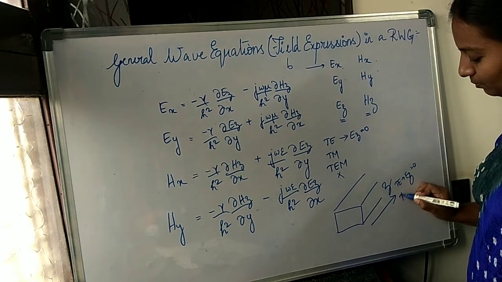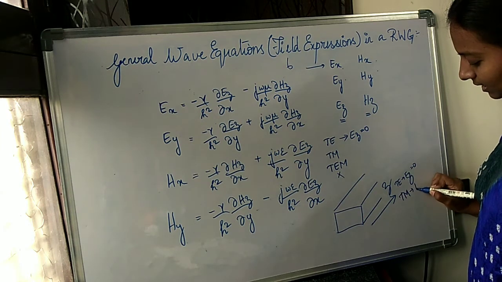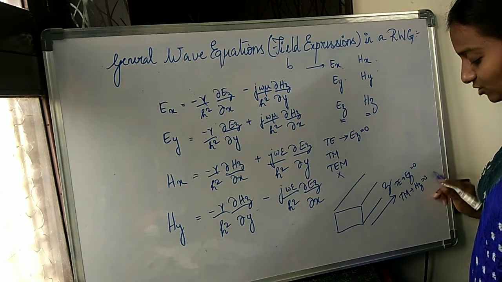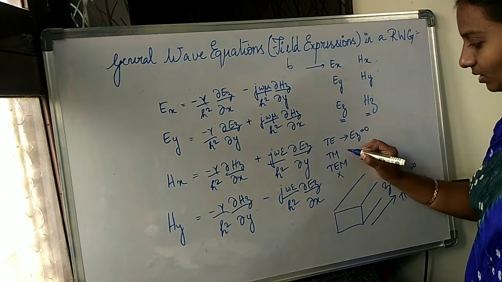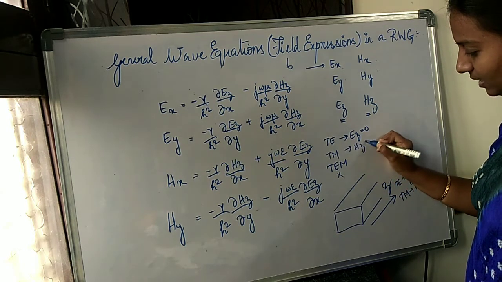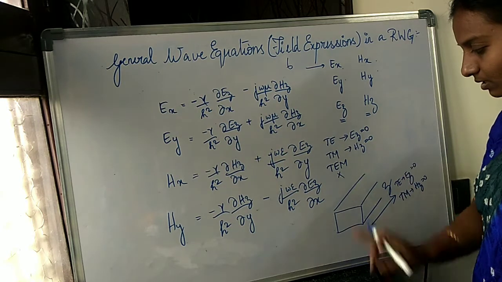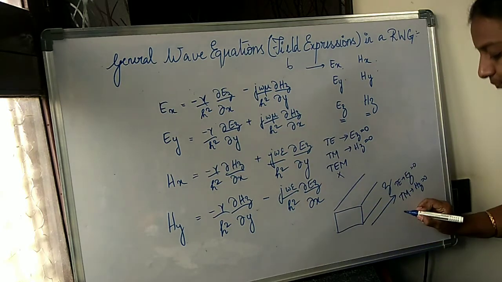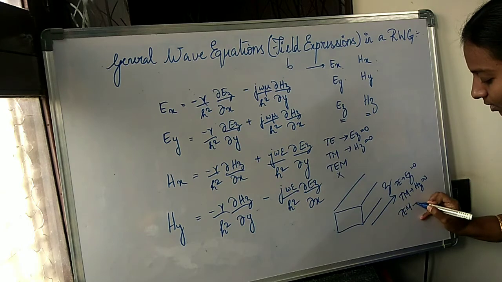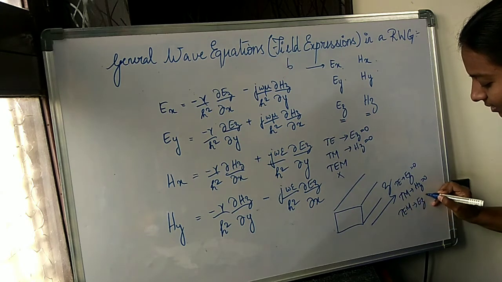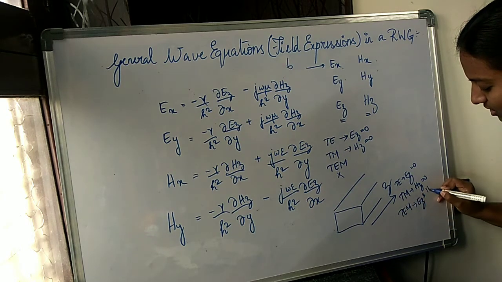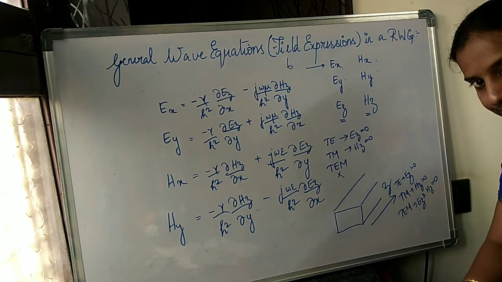For a TM mode, the magnetic field along the direction of propagation is going to be 0, which means Hz is 0. For a TEM mode, both Ez and Hz are going to be 0.